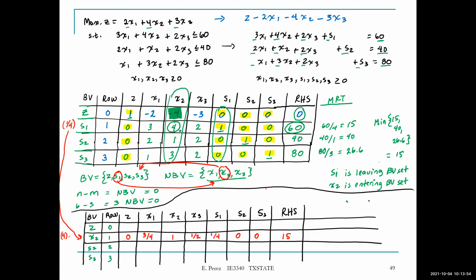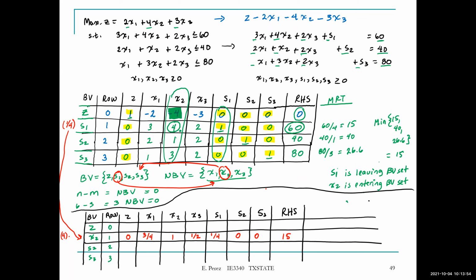So what would be that step? How are you gonna make that 0? And we're talking about this value right here. You have to multiply by -3 and then add it to row 3, right? So I made this right.